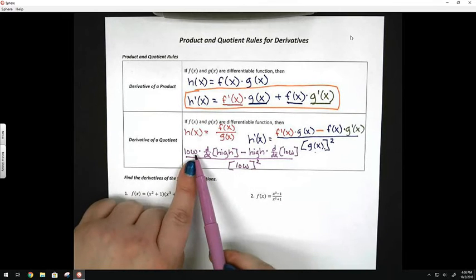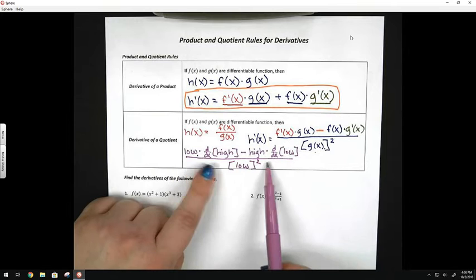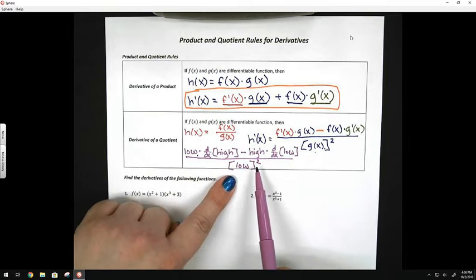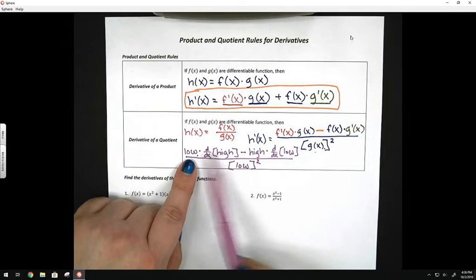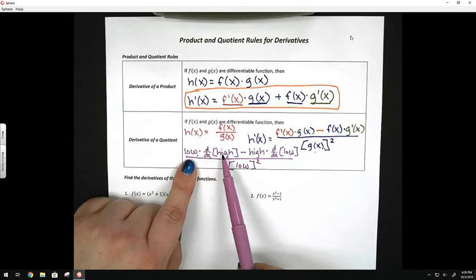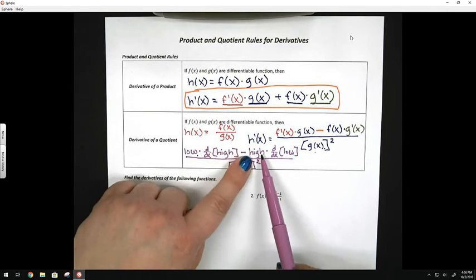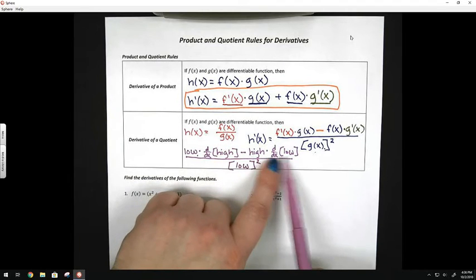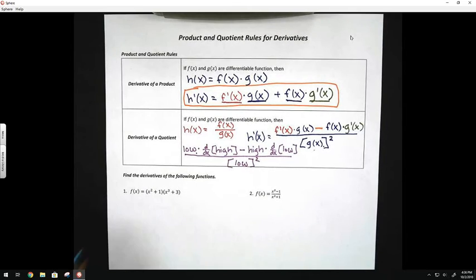So it's low d high minus high d low all over low squared. So again, low means bottom, high means top. So low d high, low times the derivative of the high, minus high d low, so the high, the top, times the derivative of the bottom, all over low squared. Again, I know it's a lot. Bear with me, okay?